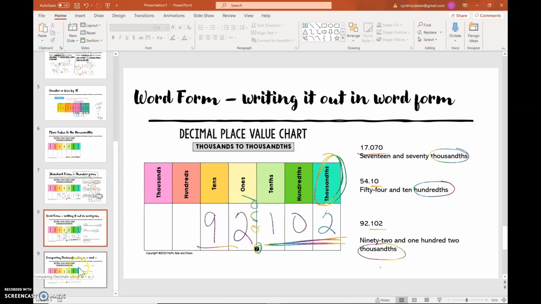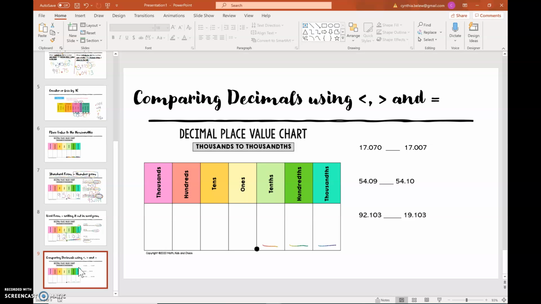And the last one is comparing. So I have 17 and 70 thousandths and 17 and 7 thousandths. So I start at the biggest, which is tens. They're all the same. Then ones, they're all the same. Then tenths, they're all the same.